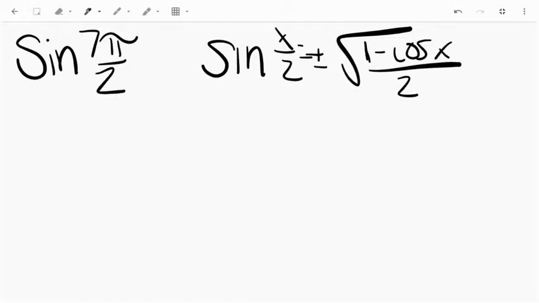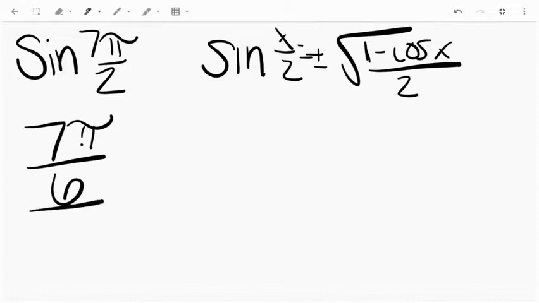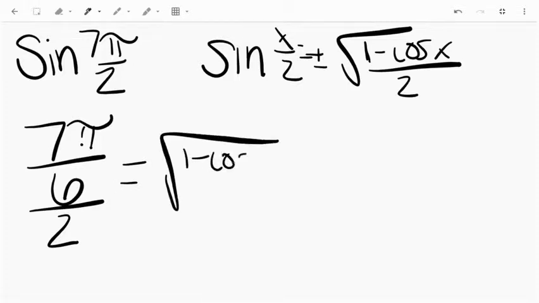Now to plug this in, we begin with 7 pi over 6, over 2, which equals the square root of (1 minus cosine of 7 pi over 6) over 2.